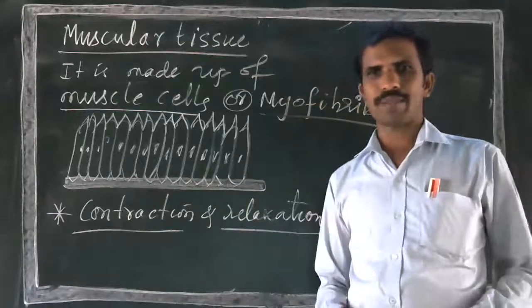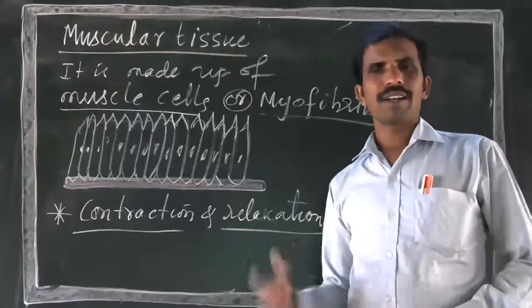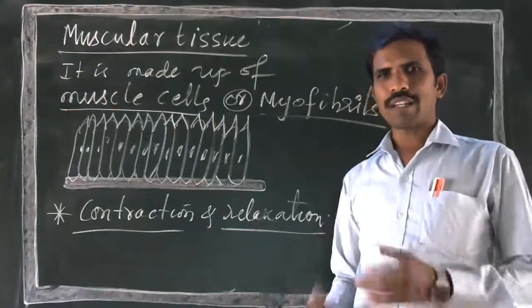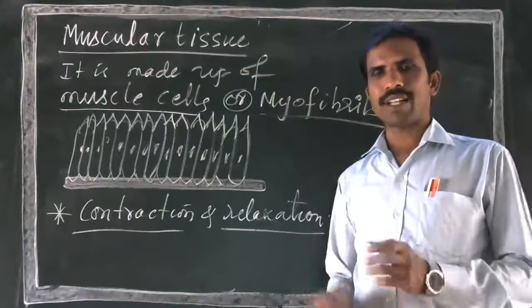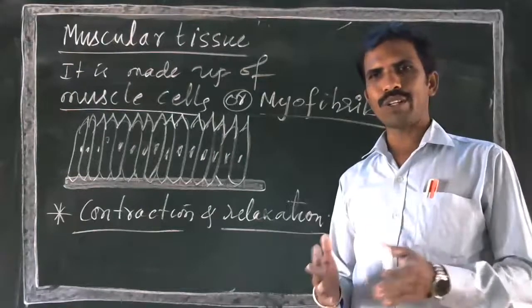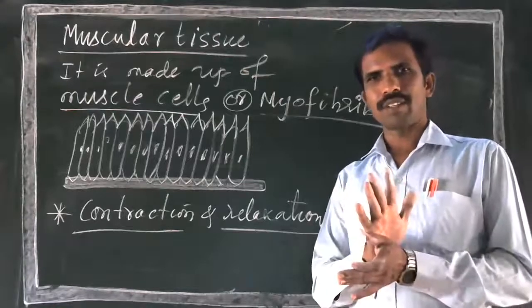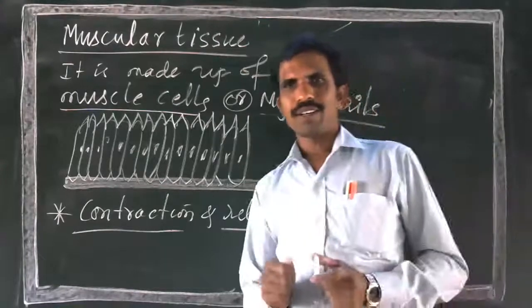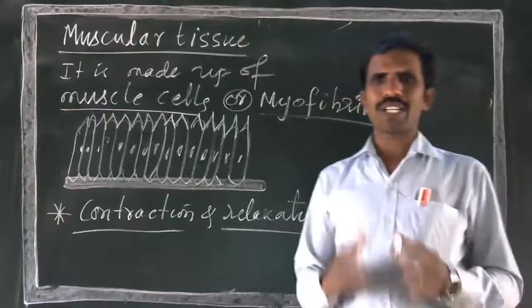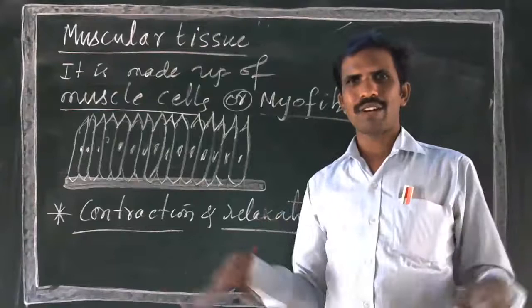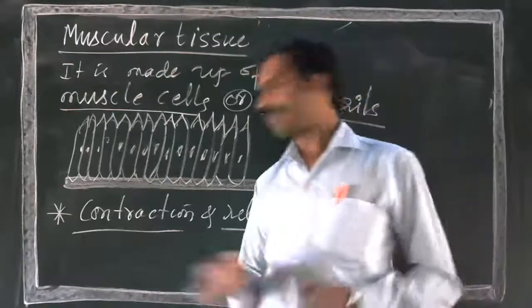When you are running in a field, in a ground, your muscles and bones are involved. I told you last class, the muscles are attached to the bone. That makes you walking, running, whatever the activity concerned with exercise.